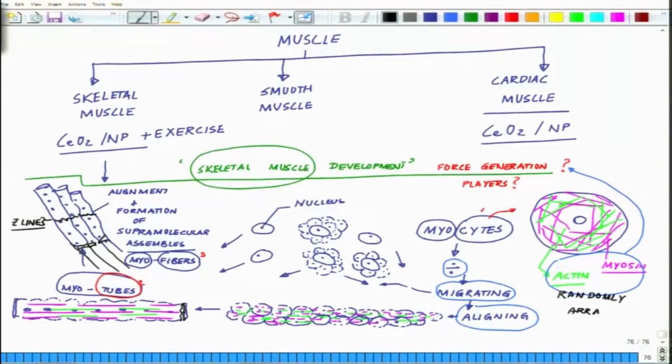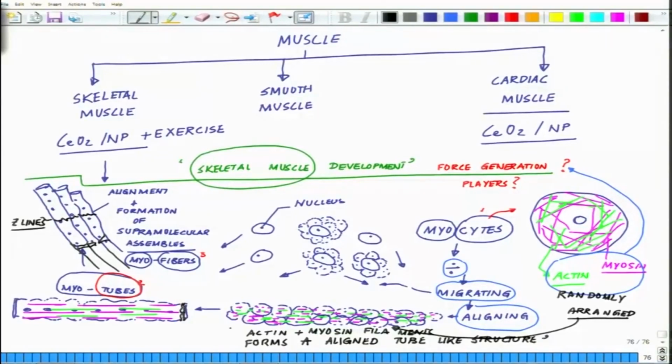Then while it is forming a supramolecular assembly out here, the actin plus myosin filaments form an aligned tube-like structure.